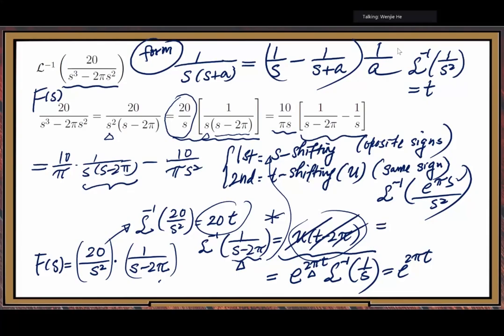T shifting: at t do shifting by this pi, same sign. So t plus pi, and u of t plus pi.